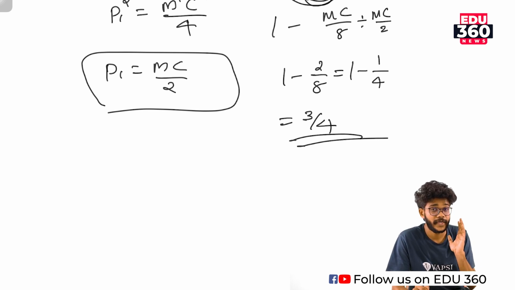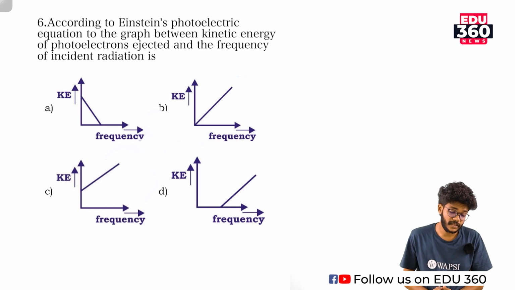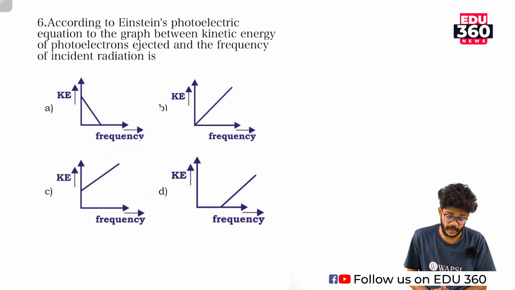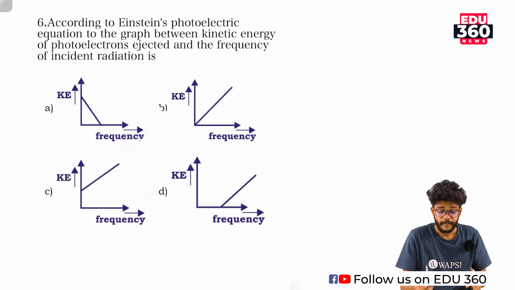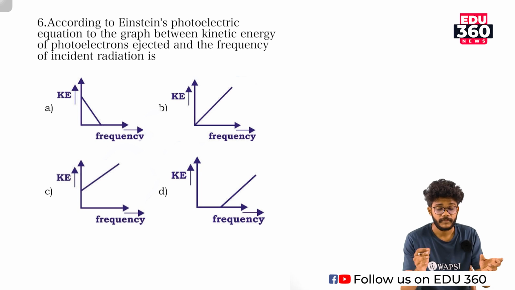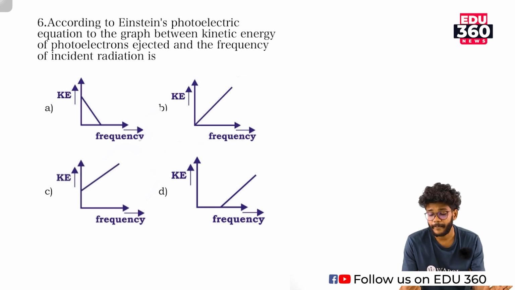Okay, then we can move to the next question. According to Einstein's photoelectric equation, the graph between kinetic energy of photoelectrons ejected and frequency of incident radiation. They are asking us to find which graph is the correct graph relating frequency and kinetic energy. We know what happens in the photoelectric effect.